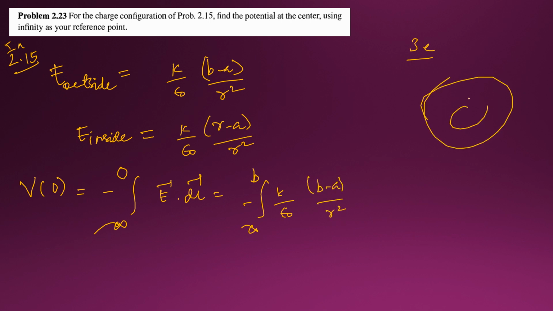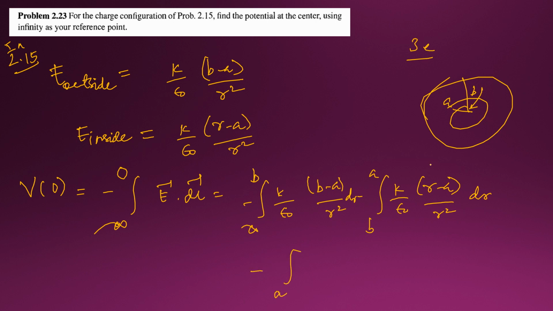This is A, this is B. Now from B to A, k by epsilon naught, (r minus a) by r square, and then A to 0, because we have to reach the center, right? We just cannot leave it here. And the electric field inside was 0, if you remember. So now we just have to do the integrations.